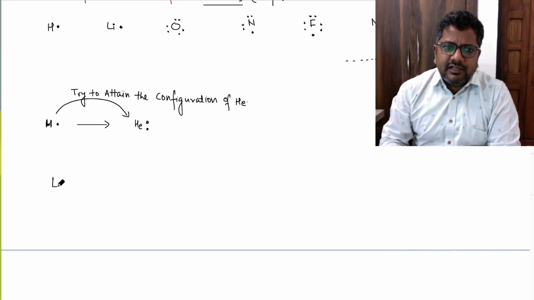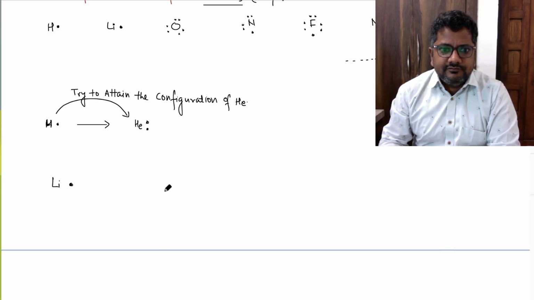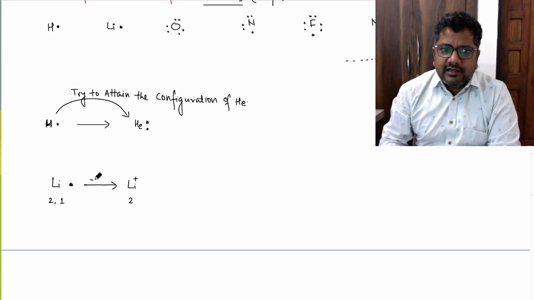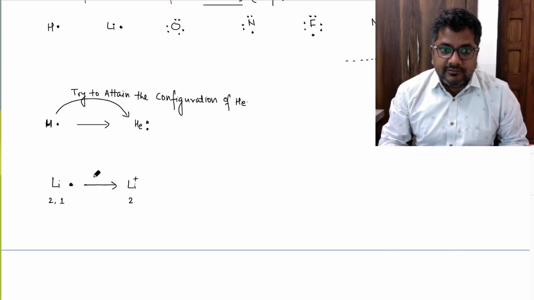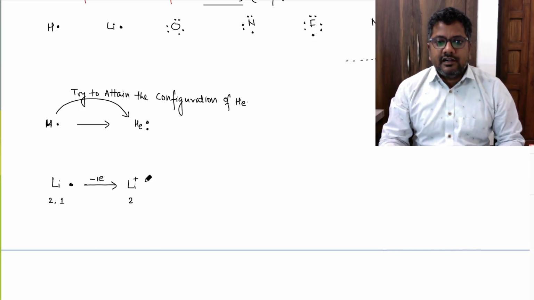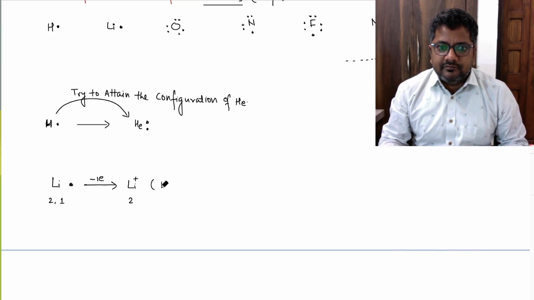Similarly, if you come to lithium, lithium has only 1 electron in the valence shell. If it loses its electron and forms Li+, it will attain the configuration of helium. This is the configuration of helium, and this is 2 1. So after loss of 1 electron, it is attaining the configuration of helium.